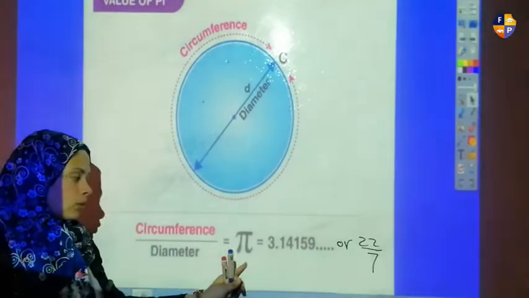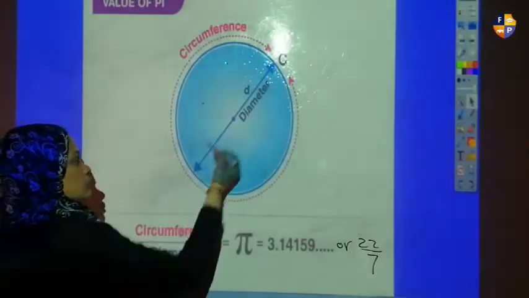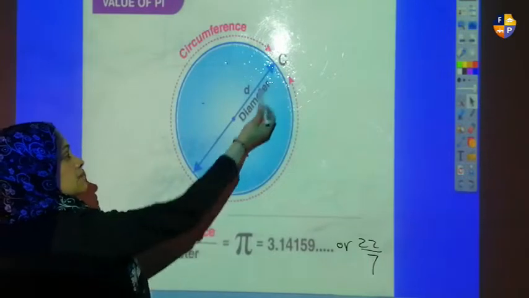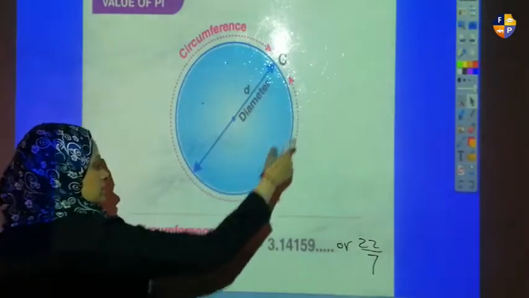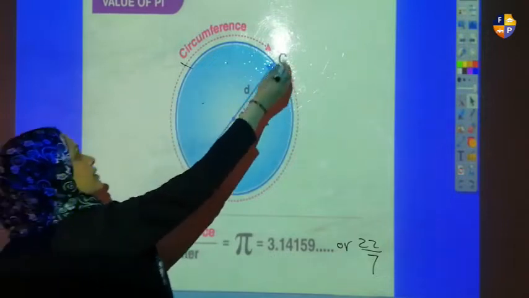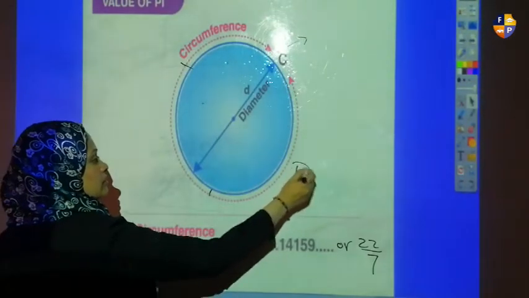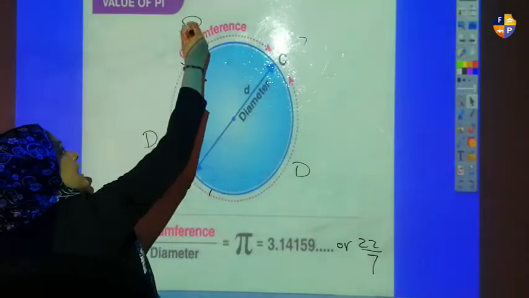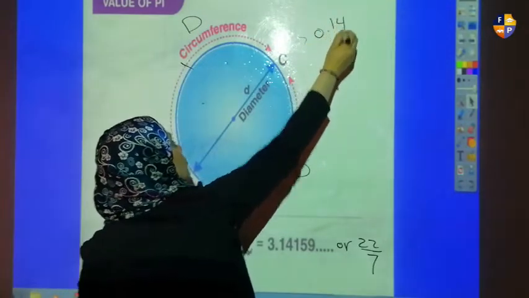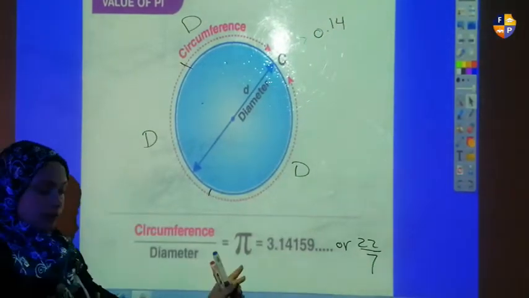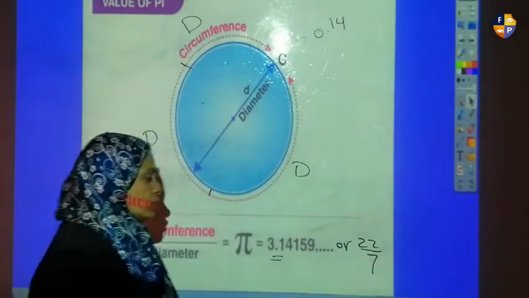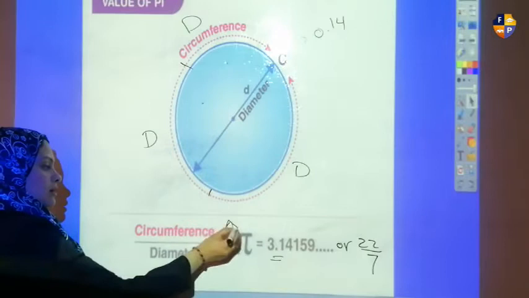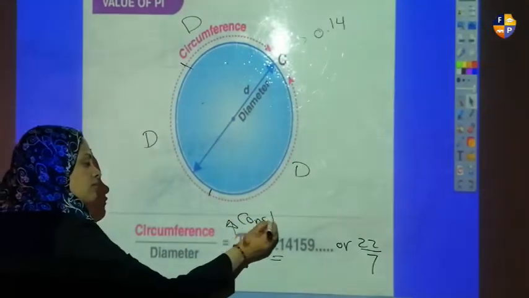From where does this value come? We have the diameter, and the ratio between the circumference and the diameter. When we see the relation between them, you will see the circumference takes around 3 diameters and 1 part, according to 0.14. So from this, the value of pi is 3.14 or 22 over 7, which means pi is a constant value.